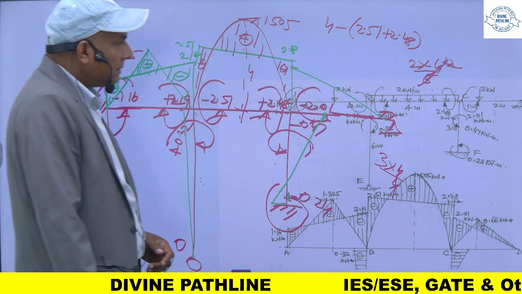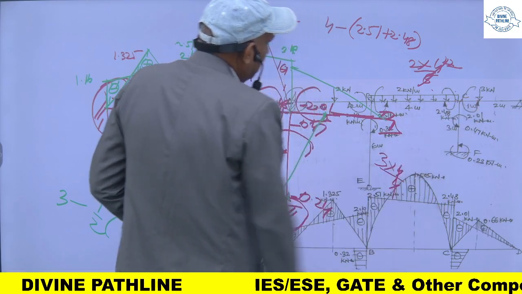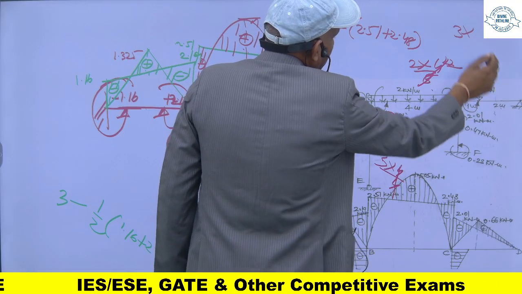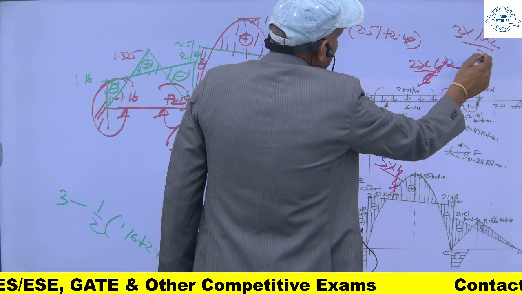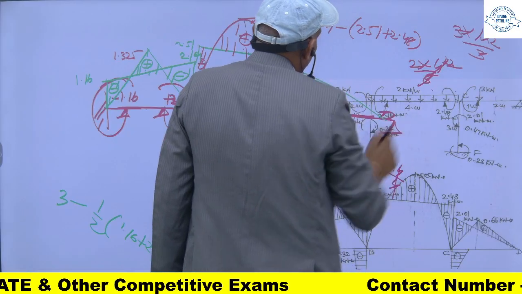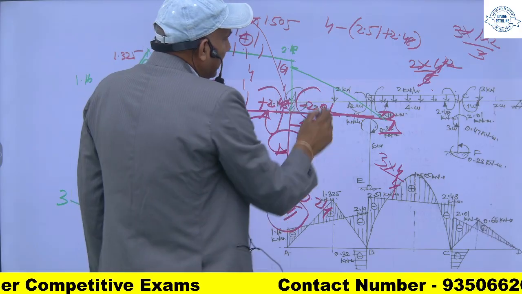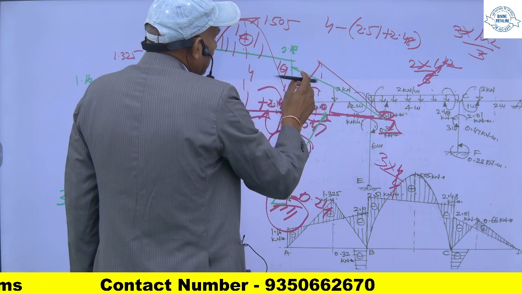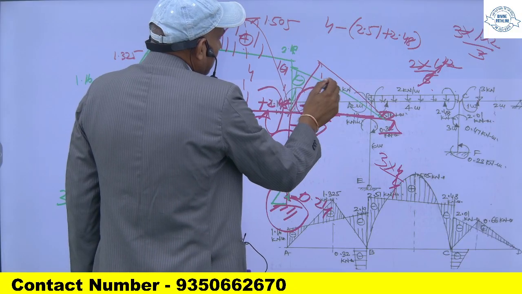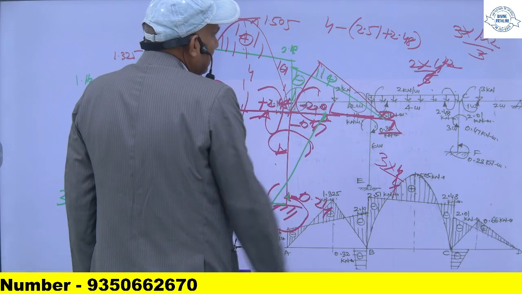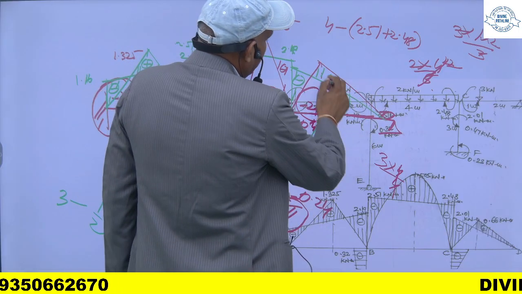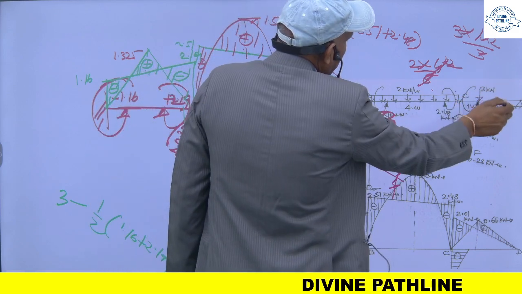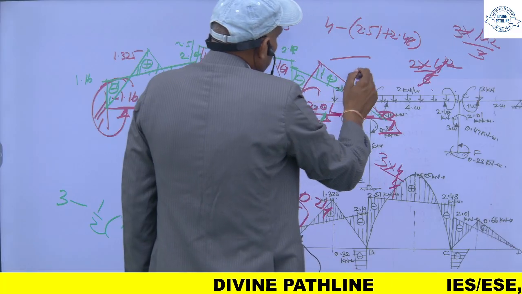And this one is, and there is a load, point load. Bending moment at this point will be 3 into 1 into 2 upon 3. So this will be 2. So at this point, this will be like this. And the value will be, this total is 3 into 1 into 2 upon 3. So it total is 2.